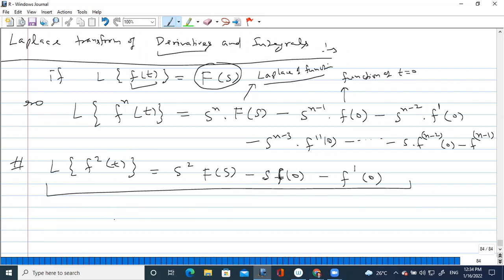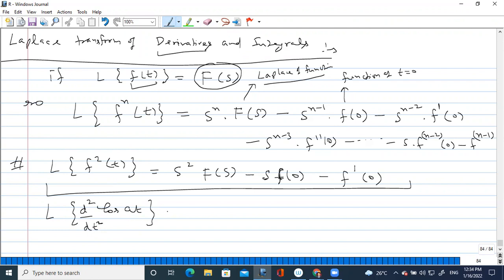Okay. Now if I am giving you this question, find Laplace of double derivative of cos at. It is not a square, it is a double derivative, or like this I can write d2 by dt square of cos at.